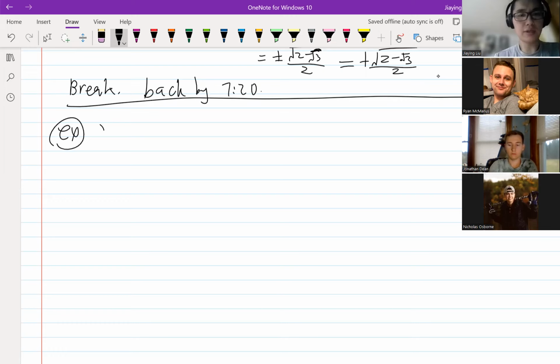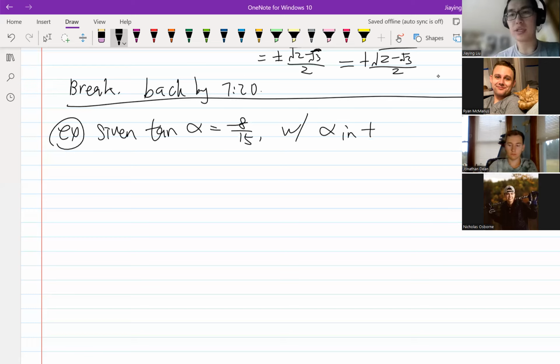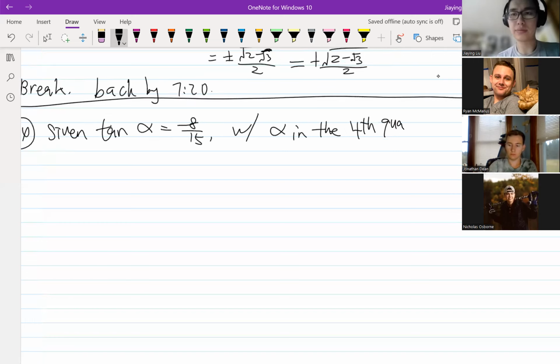Given that tangent alpha is equal to -8/15, with alpha in the fourth quadrant, so we have the tangent, but we want to find cosine alpha over 2. So we want the half angle of alpha, and we want to find the cosine of that.